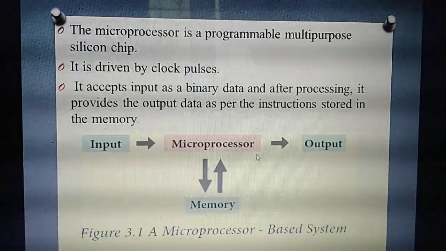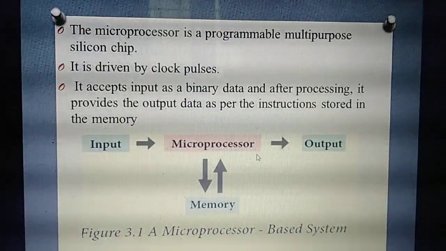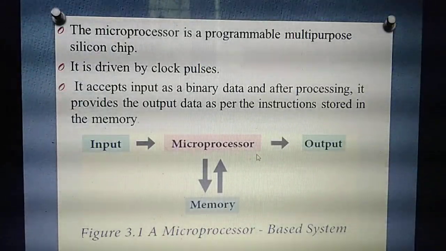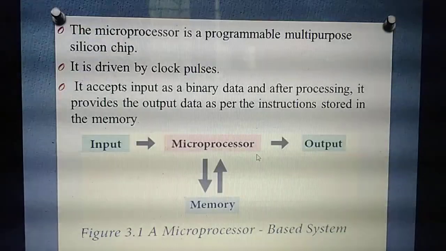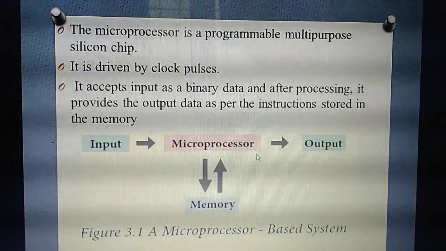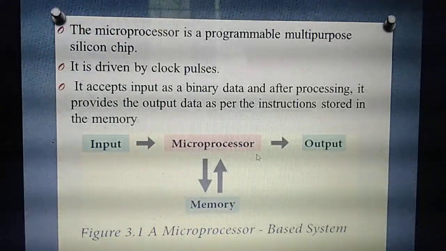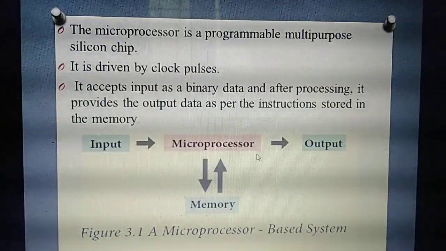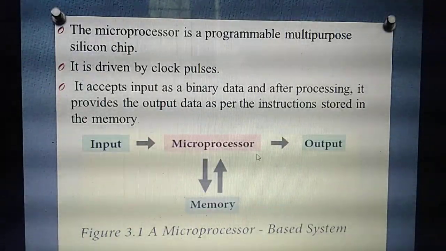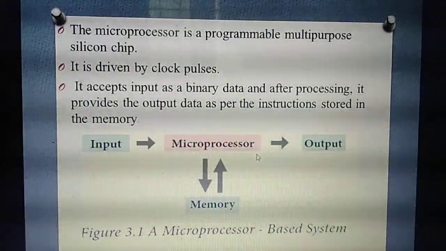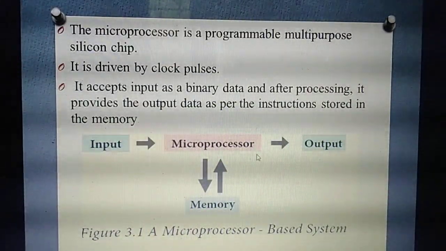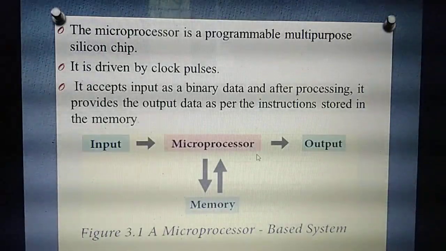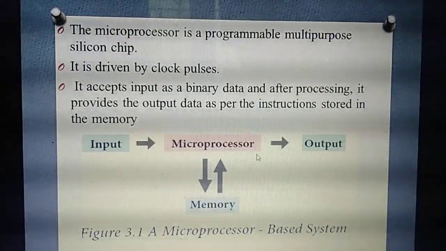In the first chapter itself we told that if the computer works properly, there are three functions. What are they? Input, process and output. You need to give a particular input, it will take it, then process the input and give the particular output. Likewise, see this diagram. The computer will take the input as binary data. What do you mean by binary data?